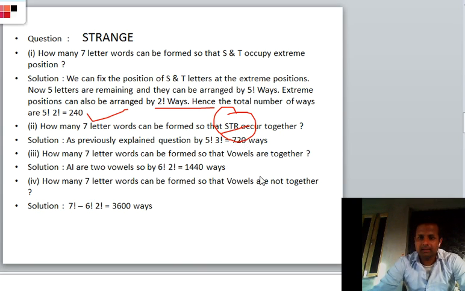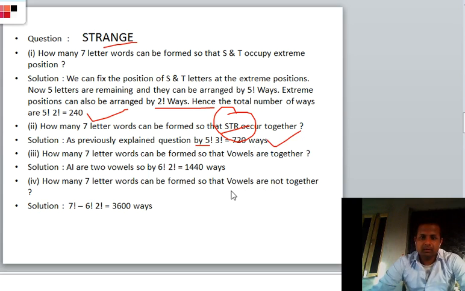Then we are left with 5 letters: STR as one letter, and A, N, G, E as 4 letters. These 5 letters can be arranged in factorial 5 ways. But students, STR can also be arranged in factorial 3 ways. So the number of possible arrangements will be factorial 5 into factorial 3, which is 720 ways.